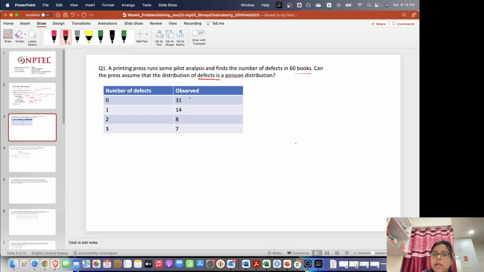Okay, so what we are trying to do is fit a Poisson distribution and determine how good that Poisson distribution is. So this is a sort of goodness of fit test for fitting a Poisson distribution.